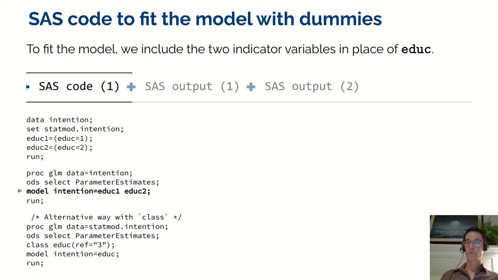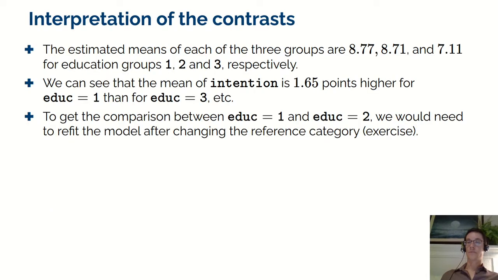But then you'd have to add a third binary variable. So we can look at this together. The other way, we could simply define a class. Here I'm just going to define education using the class command, and I want the reference to be 3, and my model now is just intention as a function of education. And I could have foregone, I think, this reference equals 3.